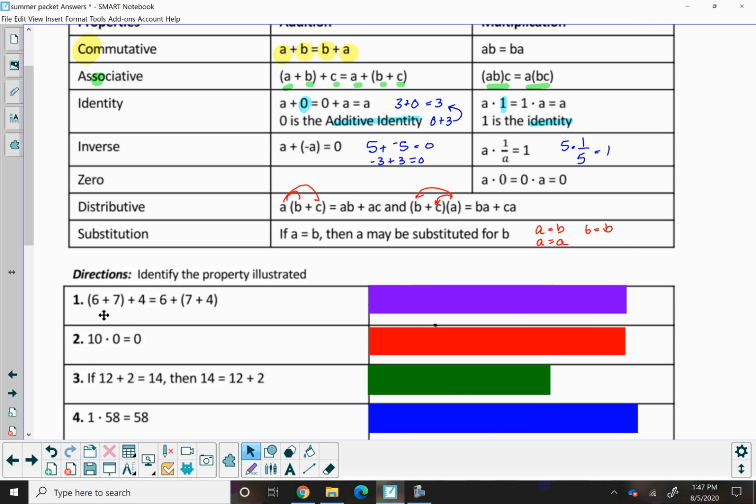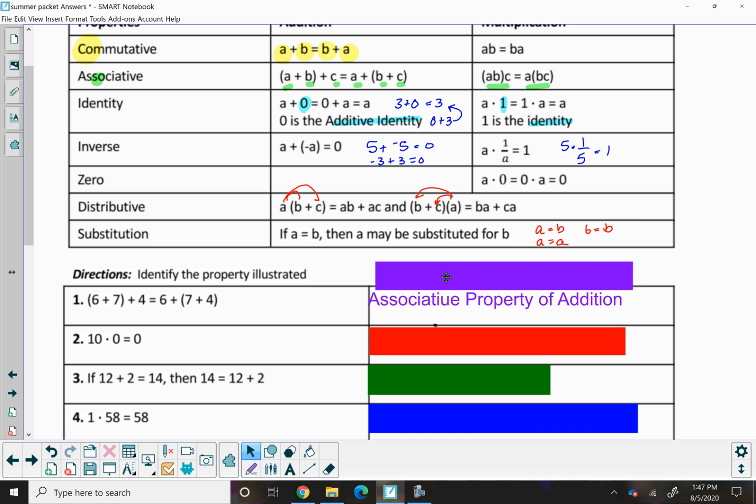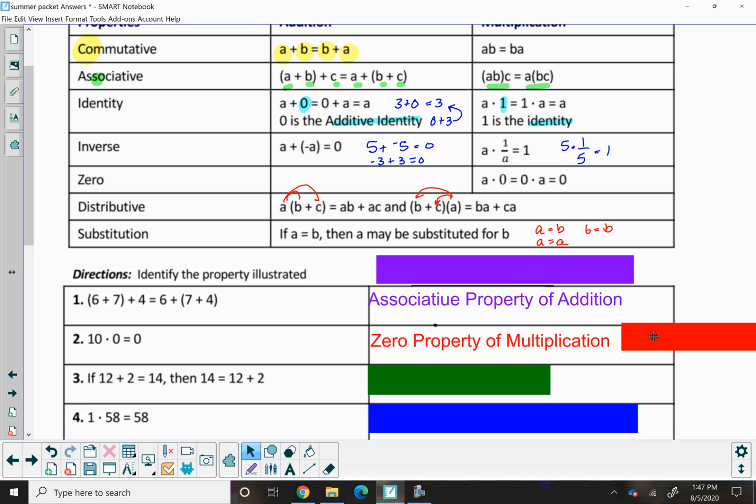The first one, see if it's the same order, 6, 7, 4, 6, 7, 4. It is, and it regroups, so it's going to be the associative property of addition. Okay, the next one, 10 times 0 equals 0. Well, I know that's the zero property of multiplication.